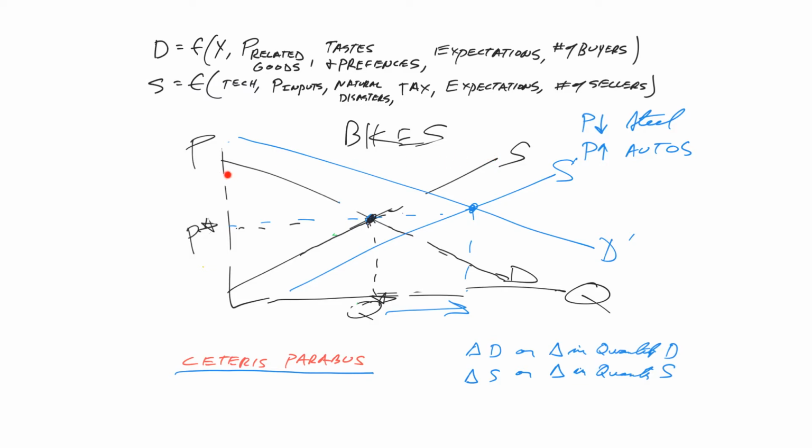And price will rise. If supply shifts further than demand, let's say that's the supply curve, it shifts way out here, there's a new equilibrium. Equilibrium price will fall. So we don't know. Without more information, we don't know.